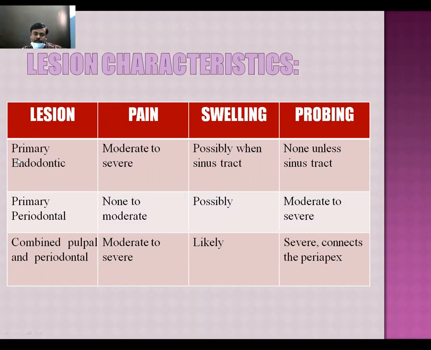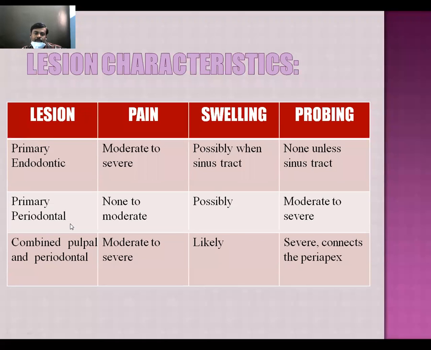So when you evaluate clinically, the patient complains of moderate to severe pain, there may be swelling in acute cases and a sinus tract in chronic cases, but there is no periodontal pocket formation or periodontal tissue loss around the particular tooth. Such lesions are to be considered primary endodontic.